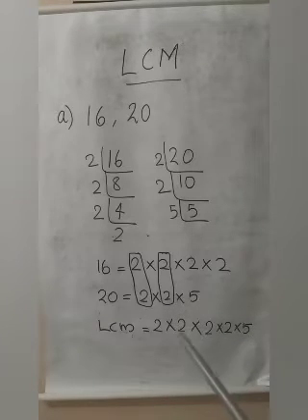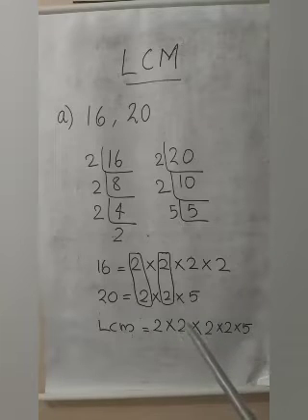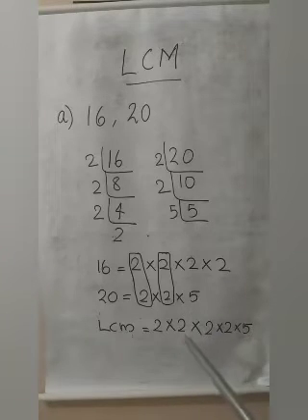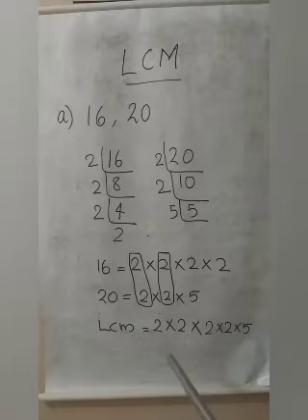So you will always go for the highest number of times the number is repeated. You can follow that method, or you can follow this method, that means first write down the common factors, then write down the non-common factors. Whichever method is convenient for you, you can follow that.